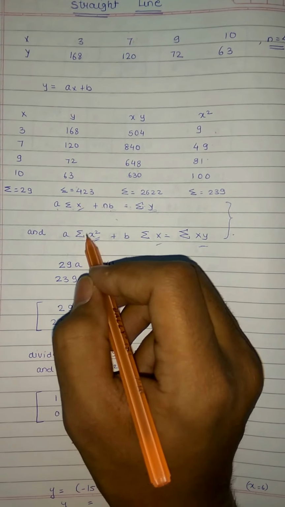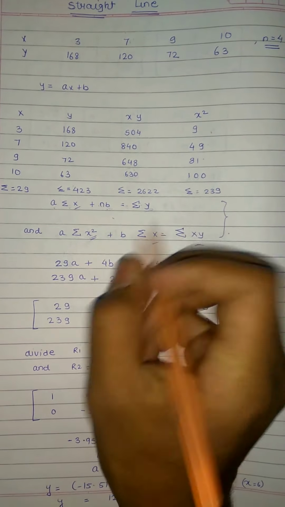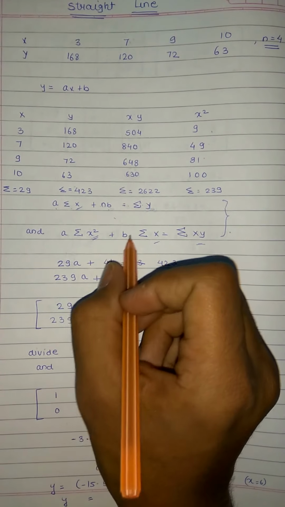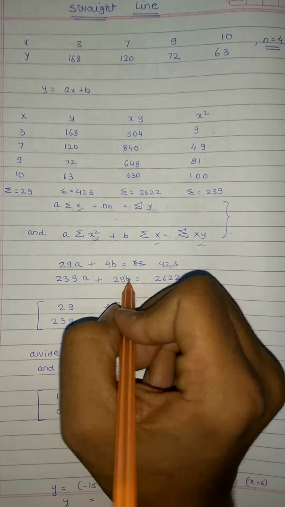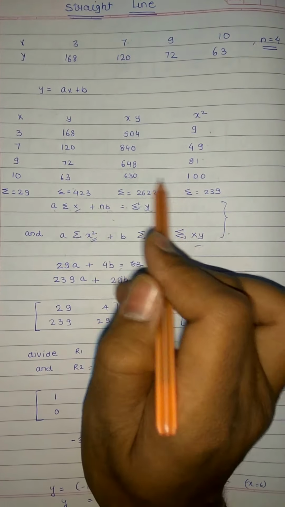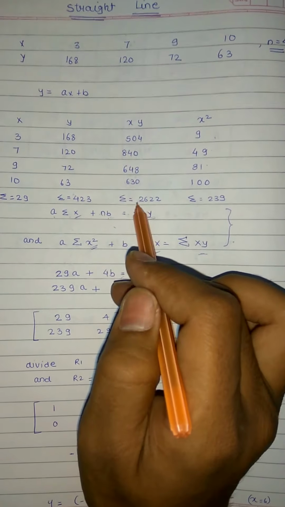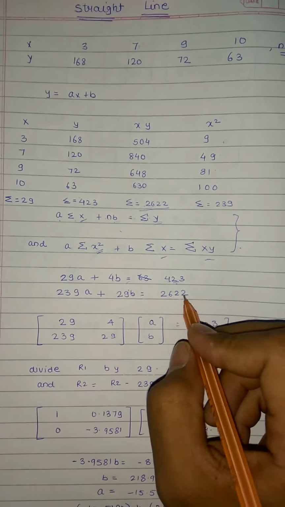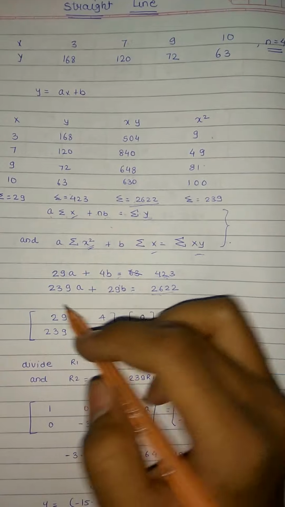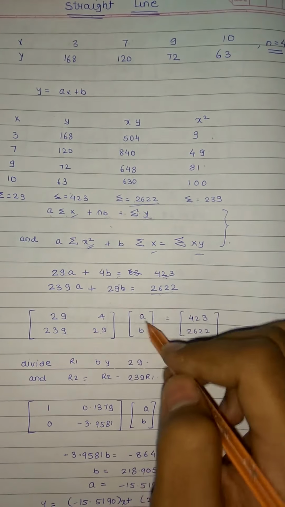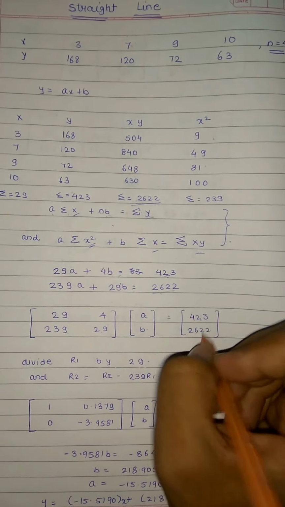Next, a summation x square, x square was 239, plus b summation of x, which is 29. So 29b is equal to summation of xy, that is 2622. Putting all the values, you get two equations. Now making them in the matrix form: 29, 4, 239, 29, a b, and the respective values.